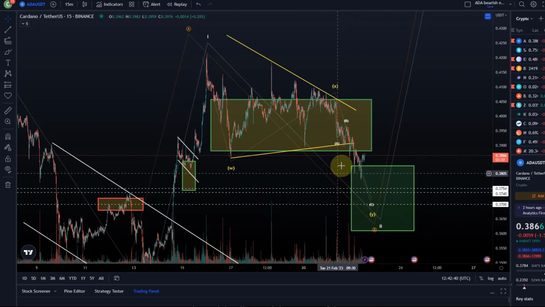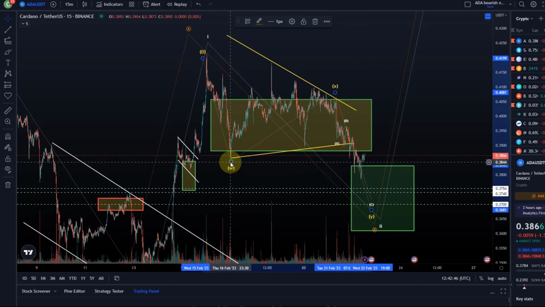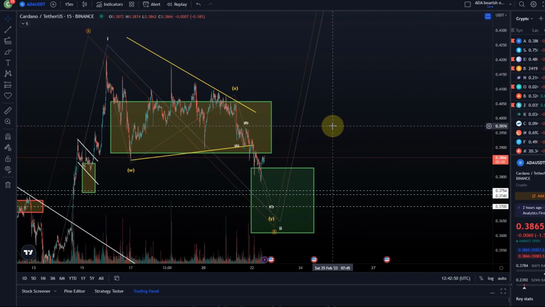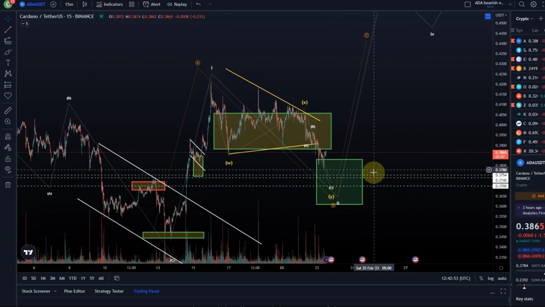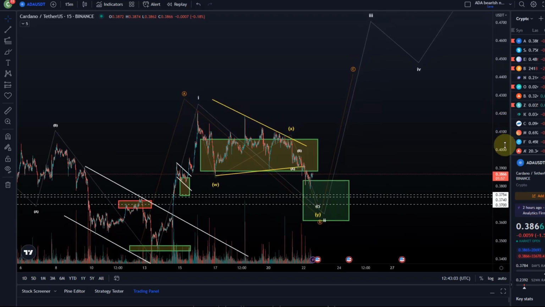It's all probabilities, and certainly the fact that the Y wave landed below the W low increases the probabilities we could already be heading here to the upside. That's what these green support areas are for. But ideally, I'm always looking for hitting ideal targets, it also produces a better reward to risk ratio.